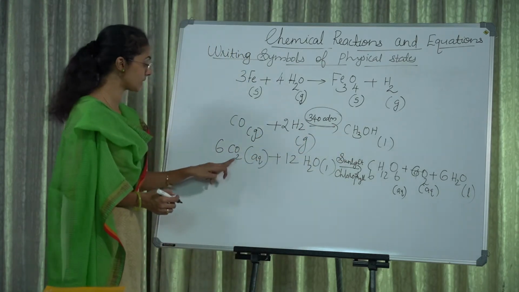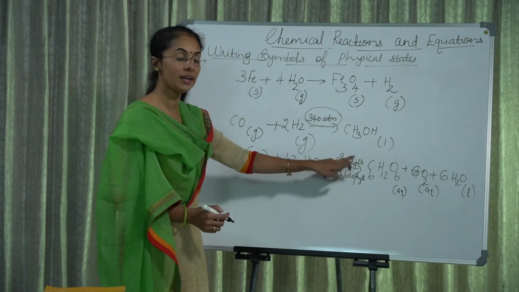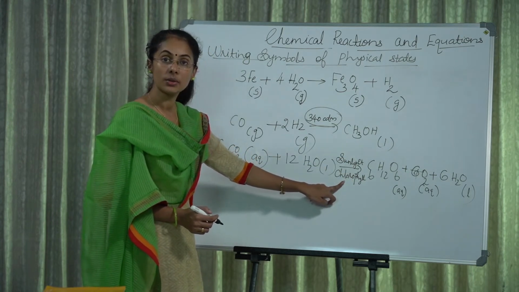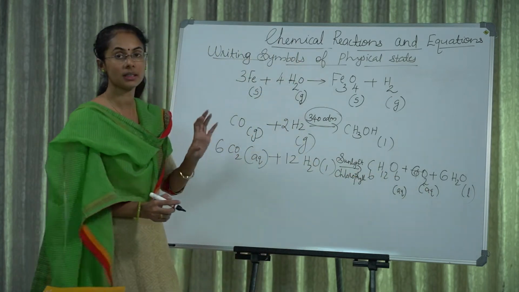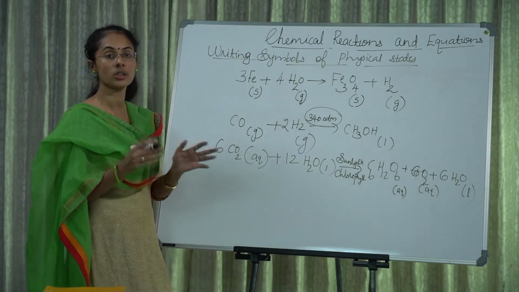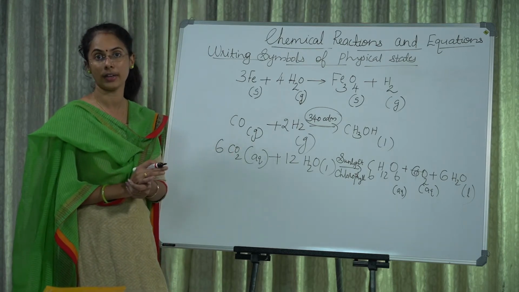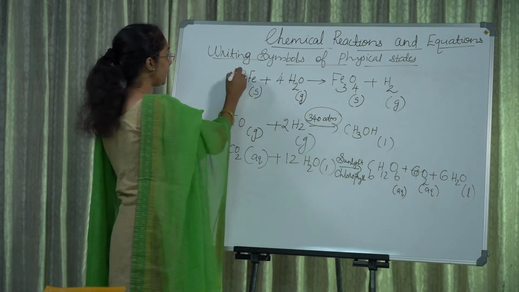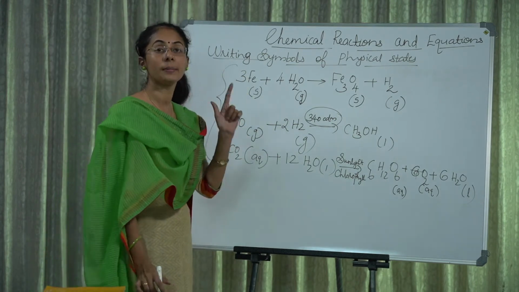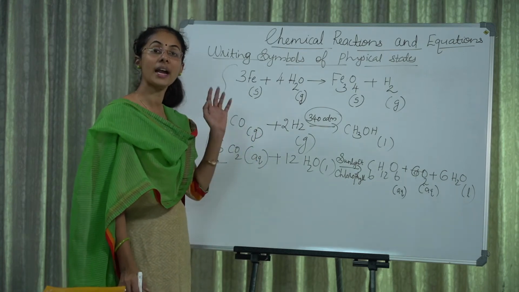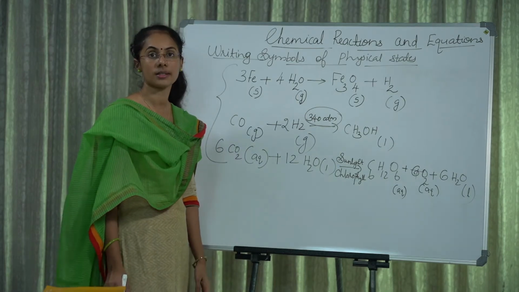Next one, 6CO2 plus 12H2O gives, in the presence of sunlight, and this one is used as a catalyst. Aqueous solution means it contains water also, like CuSO4 with water, that is aqueous solution of copper sulfate. That way we can represent the physical state, temperature, pressure, and catalyst also in chemical equations.